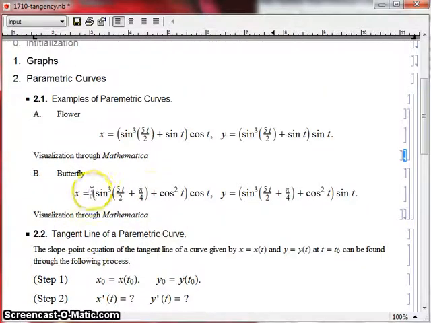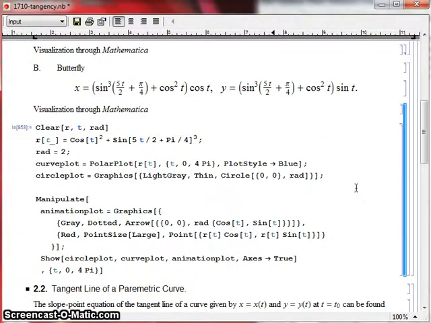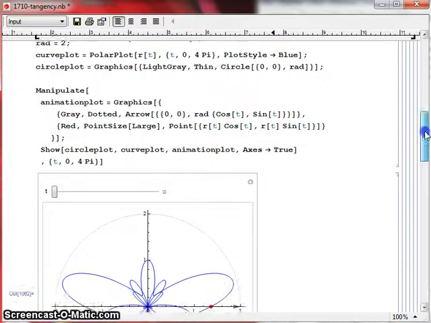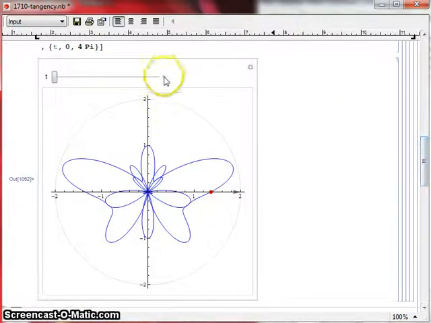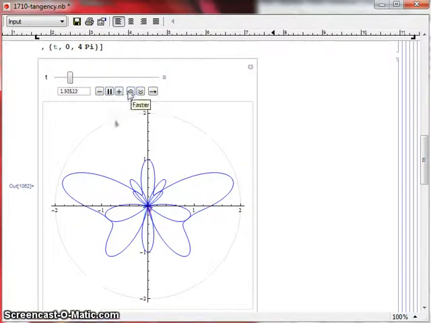Again, we have a function of t and a function of t again. And then let's run this mathematical program I wrote. And here's a visualization. Again, the moving particle model given by this red dot.